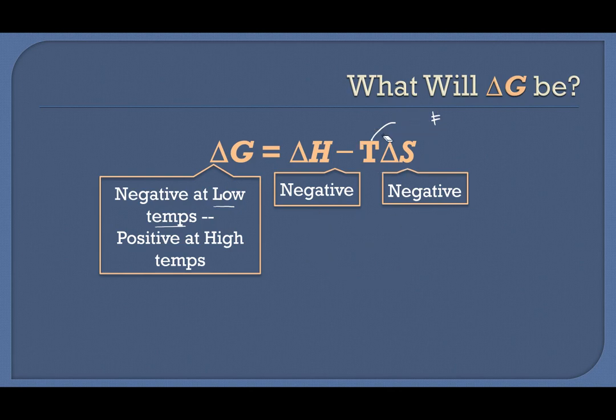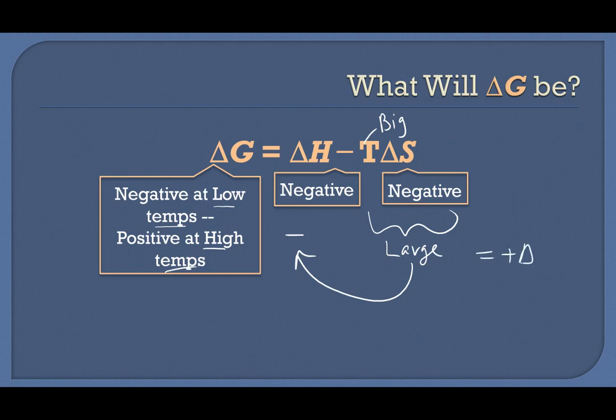But if T is a big number, so at high temperatures, what's going to happen is this will be negative, and this portion will be large enough to overcome that negative, and it'll cause delta G to be a positive number. So above a certain temperature, it'll be non-spontaneous.